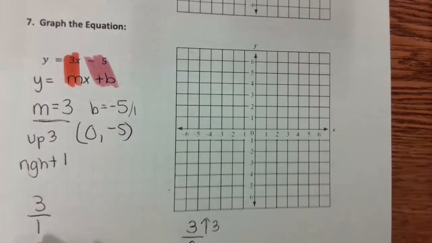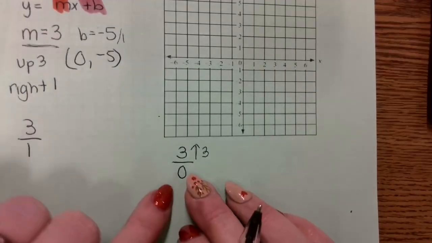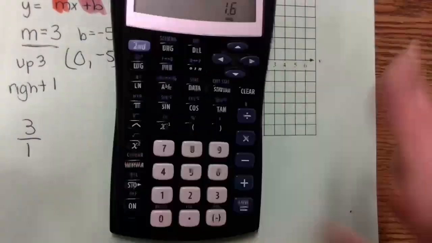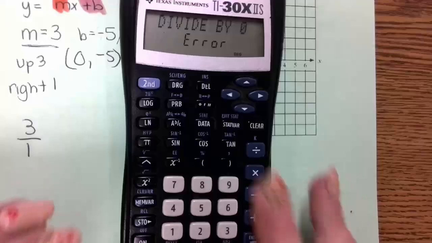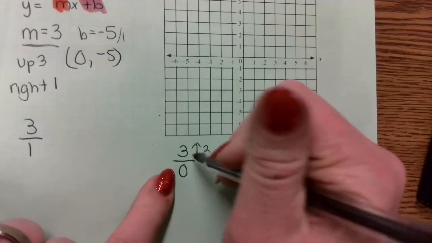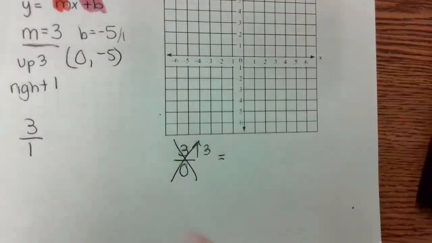But the thing with that is 0 means nothing, so you'd just be going up and up forever. And if I simplified this down, I get divide by 0 error. So this can't be 0. You have to always go right 1 if you have a whole number, because this does not exist. It can't be 0.